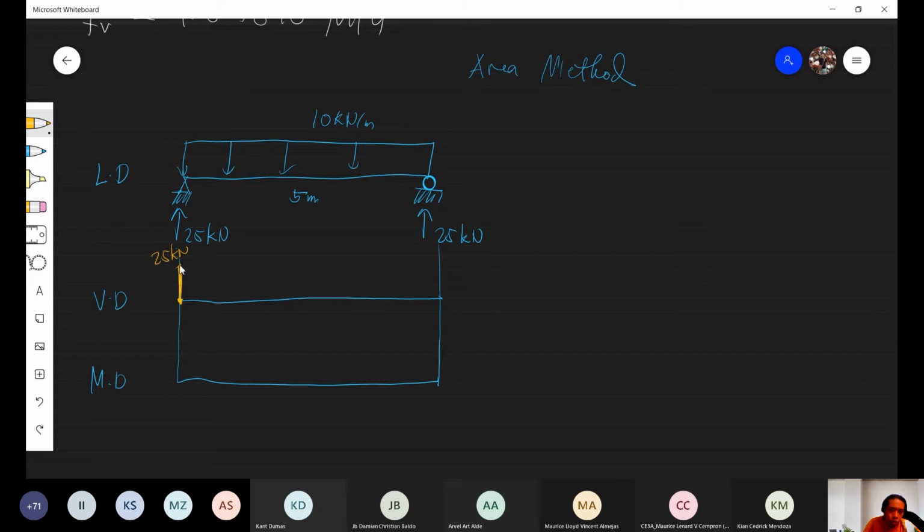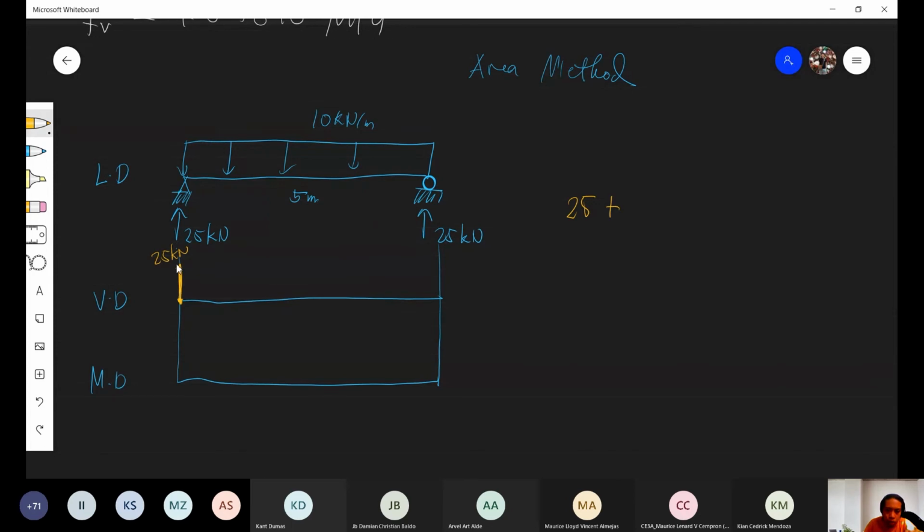It's easy. You take the 25 at the previous point, that's 25, plus the area of the load diagram. Take note, the shear diagram depends on the load diagram. So you take the shear force at the previous point, that's 25, plus the area of the load diagram in between the previous point and the current point that you are trying to solve.